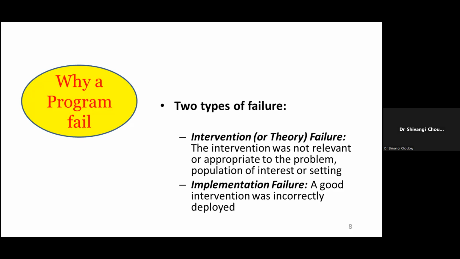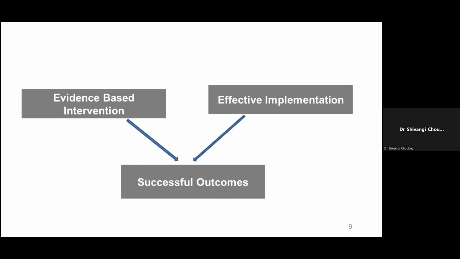So a good intervention which was incorrectly deployed will result in implementation failure. There are a lot of clinical studies done earlier, and an evidence-based intervention plus an effective implementation can result in successful outcomes. This is the core of implementation research.